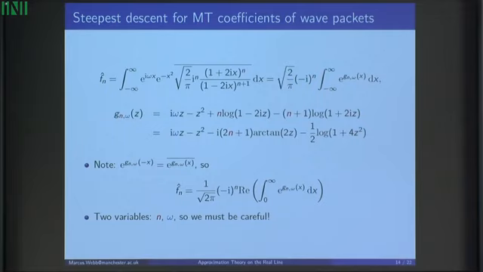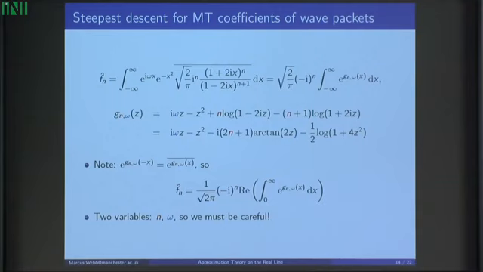This is following what André Weideman did. But you will also have a symmetry condition, which allows us to reduce it to the real part of an integral over the half line, which makes things a bit simpler.